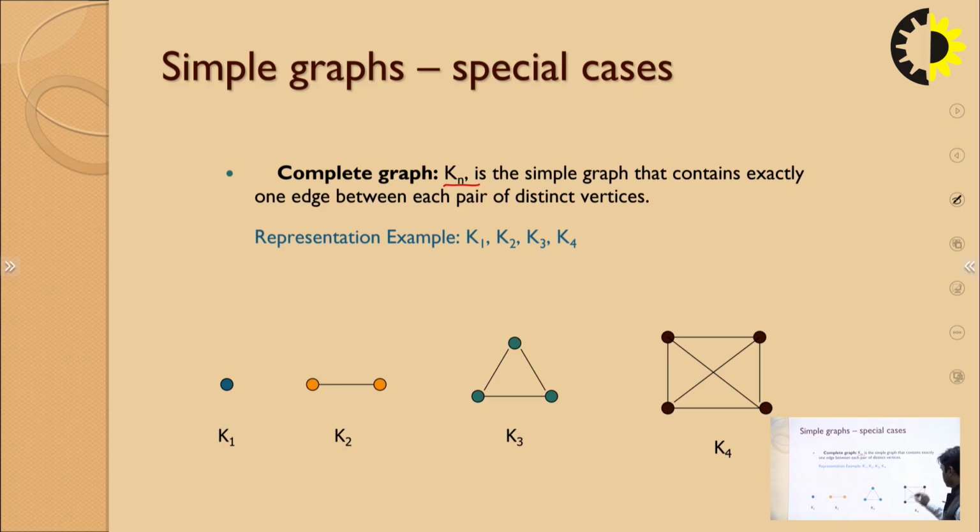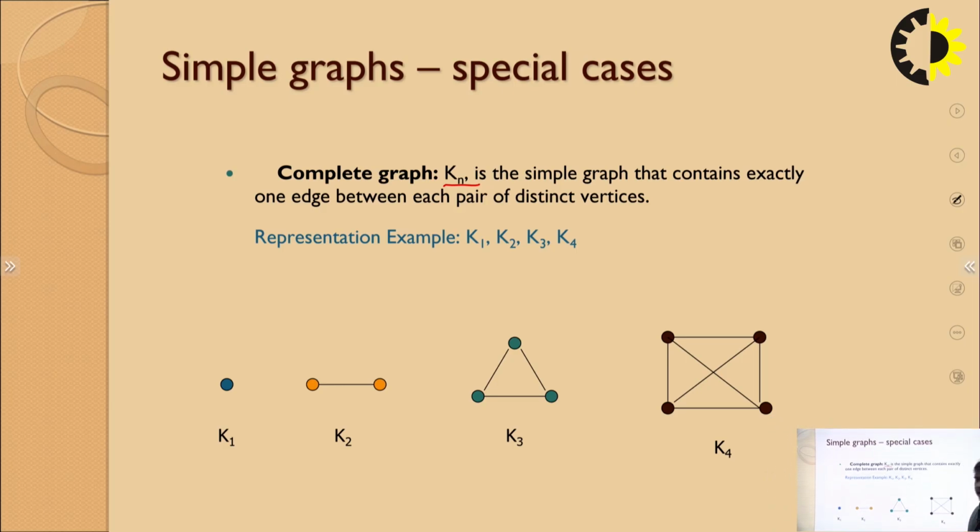For example, this graph is K4 with vertices A, B, C, D. These are four vertices, and each vertex is connected with all the other vertices. Then the graph is called a complete graph.